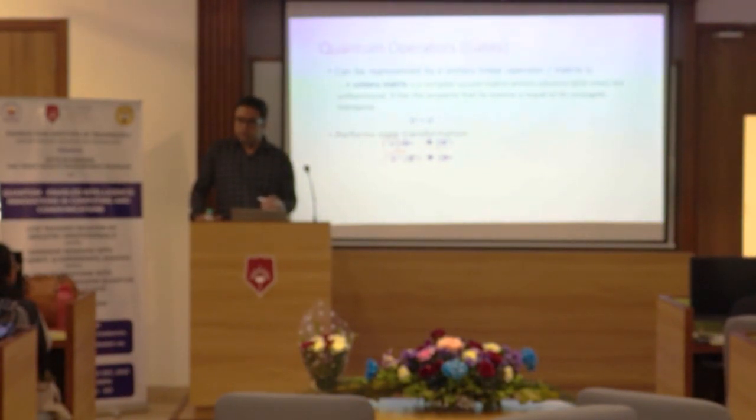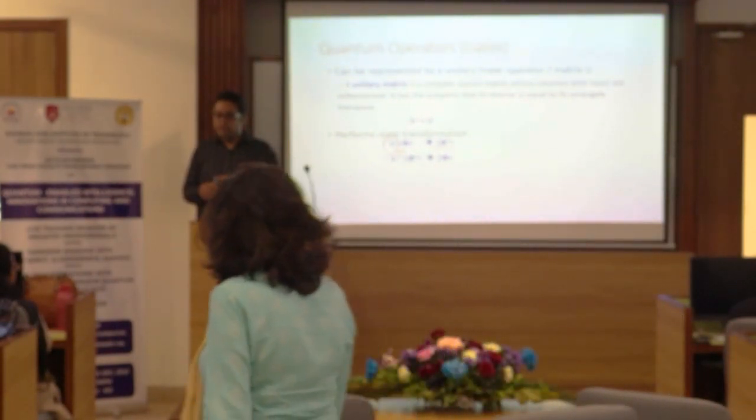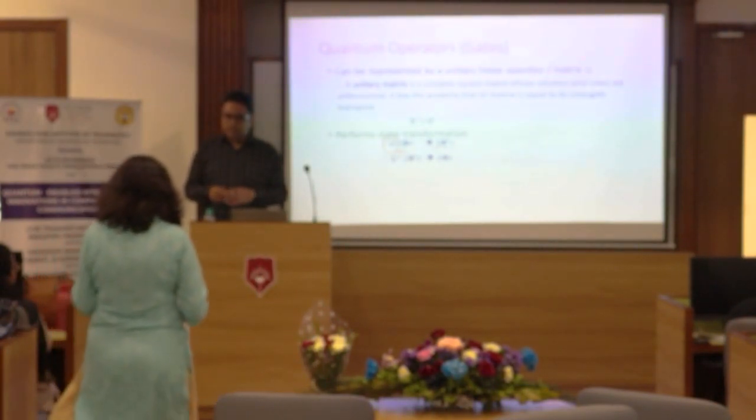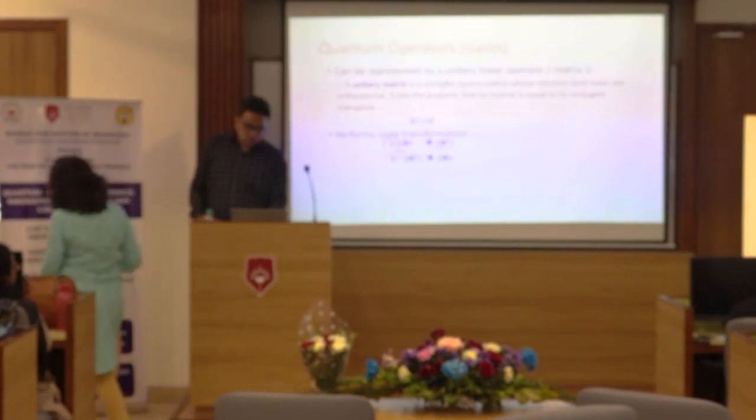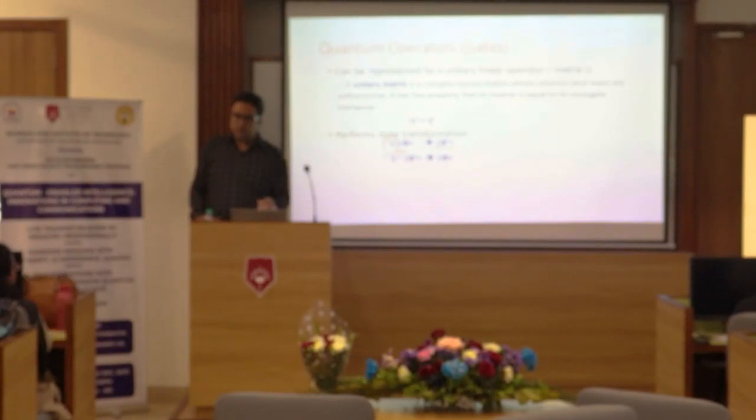In case of quantum, for every quantum operation or quantum gate, there will be an inverse. In case of classical, it is not true, but in case of quantum, for every quantum gate, a reverse quantum gate is possible, that is called unitary, or the transpose conjugate.